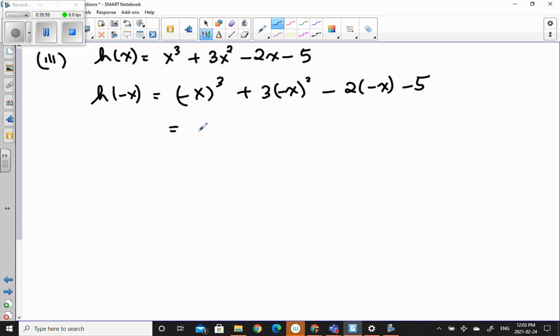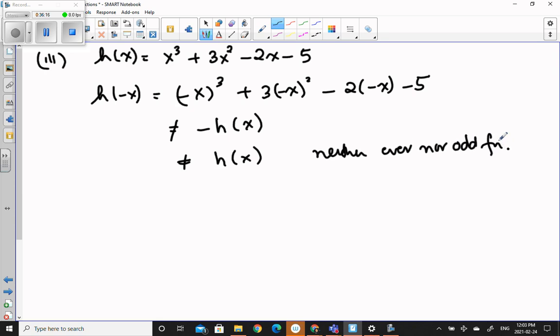And you'll find that this is not equal to negative h of x, and it's not equal to h of x either. So it's neither even nor odd. It's neither function.